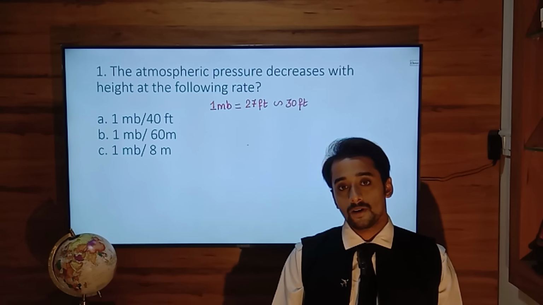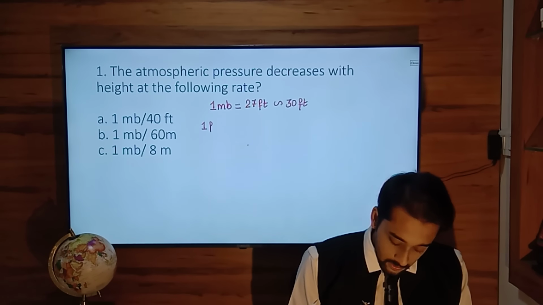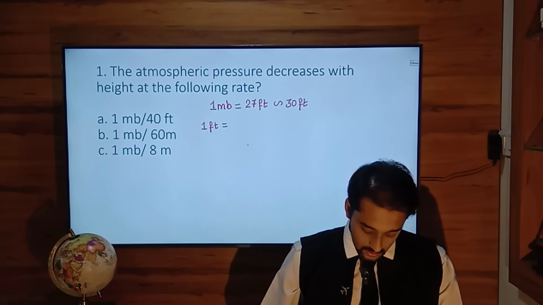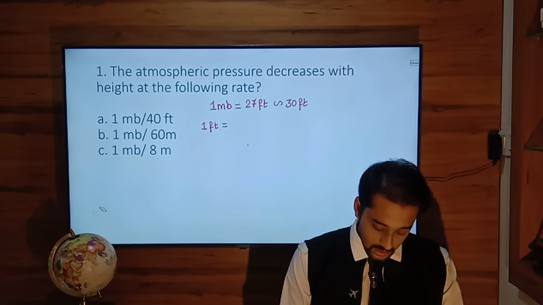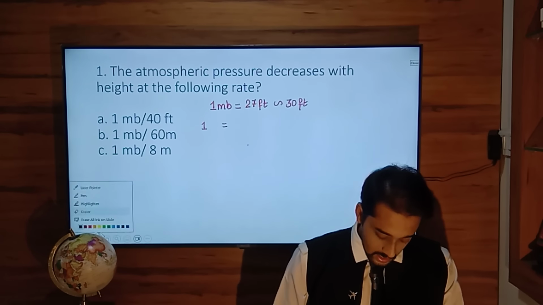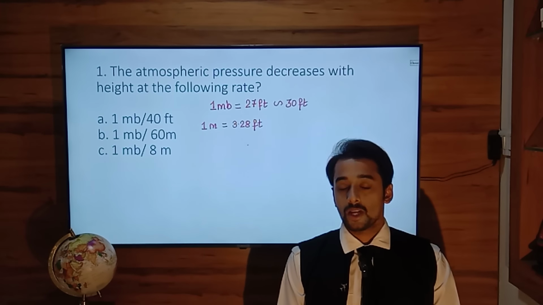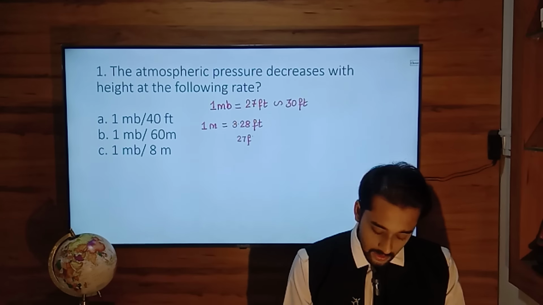Now if we want to convert this to meters, 1 meter equals 3.28 feet. So how many meters will be equal to 27 feet?